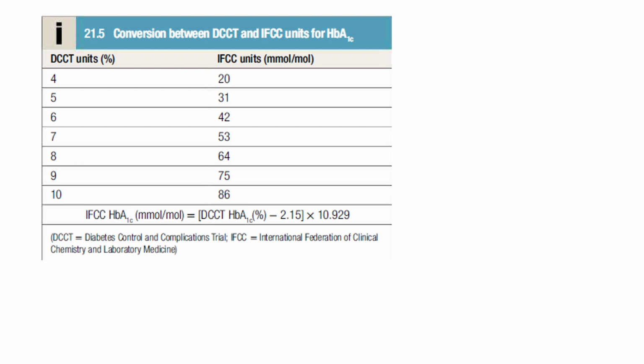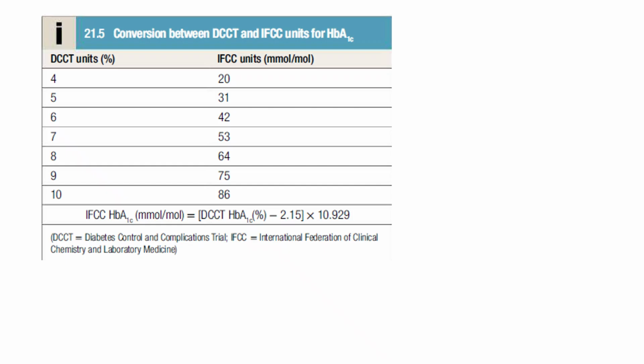This table I have taken from the Davidson text, which shows the percentage of HbA1c and its value in millimole per mole. So 4%, 5%, 6%, 7, 8, 9 and 10.